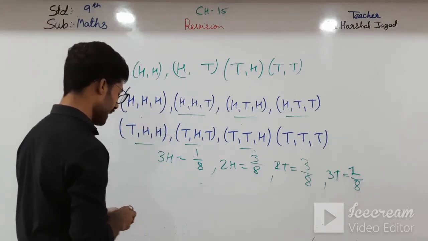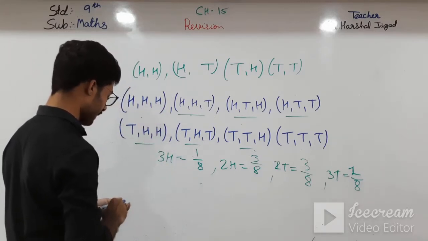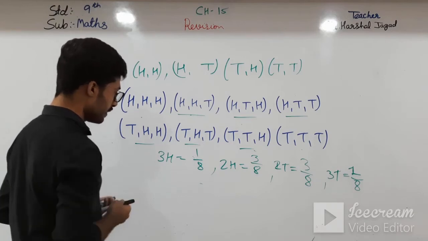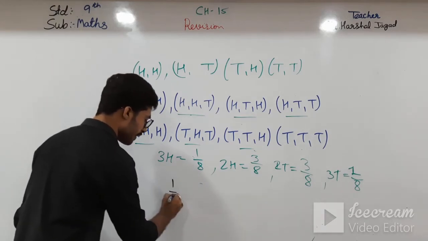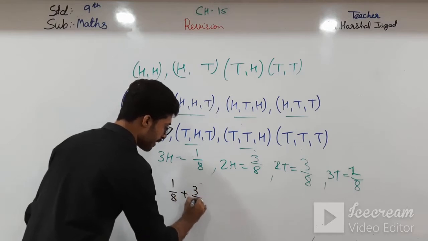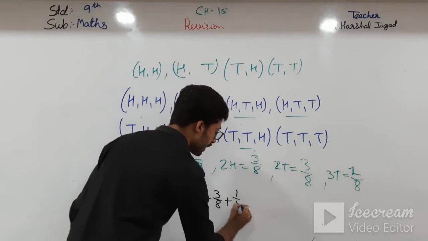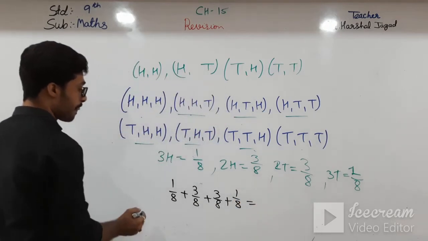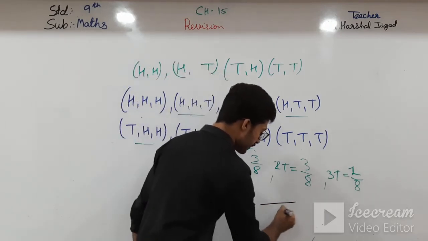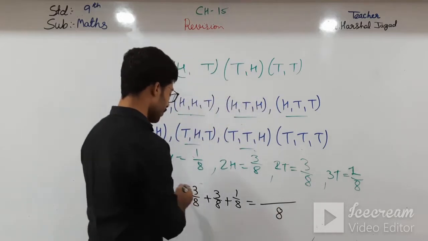So let us do that. 1 by 8 plus 3 by 8 plus 3 by 8 plus 1 by 8. Here the denominator is common, so it will be 8 only.